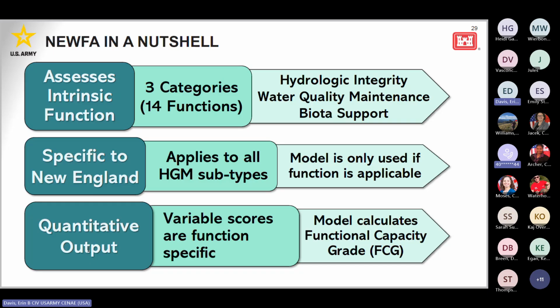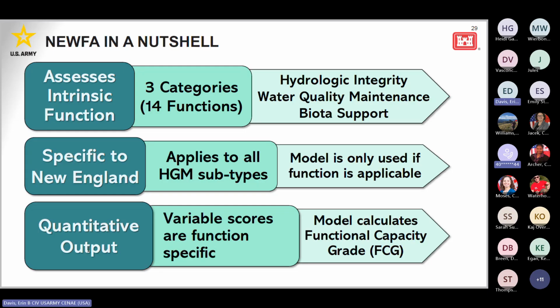NEWFA has been established to assess 14 key wetland functions, 6 of them being hydrology-based, 5 water quality-based, and 3 biota supporting functions. There are 4 resource-specific functions that are only evaluated when relevant to the associated resource, so it's not applicable to all wetlands.